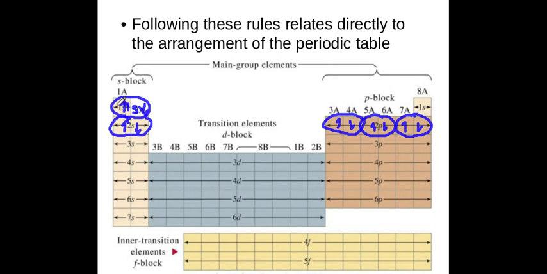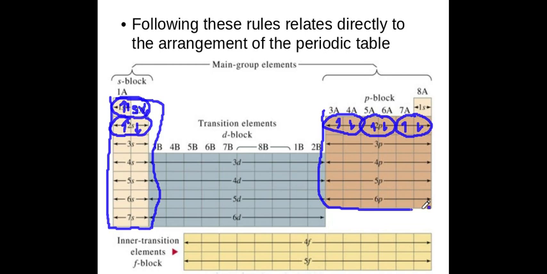So essentially, the blocks on the periodic table correspond to the subshells that we see within our quantum tree. We have an S block over here, we have a P block over here, and we have a D block over here.